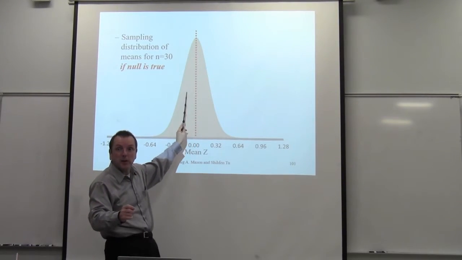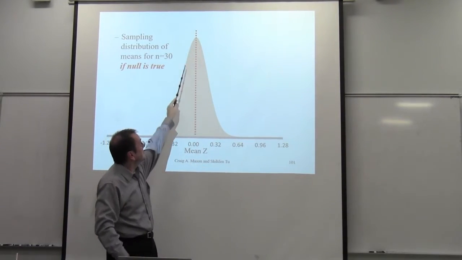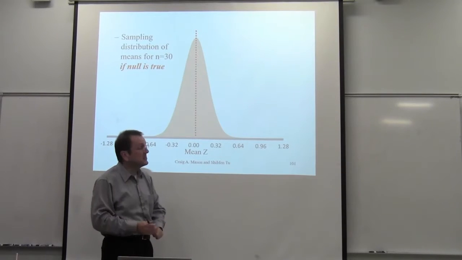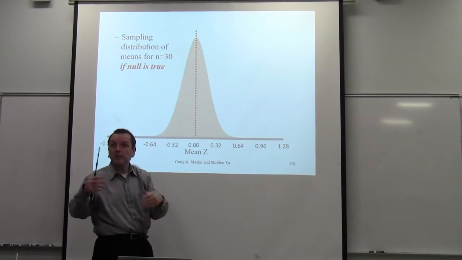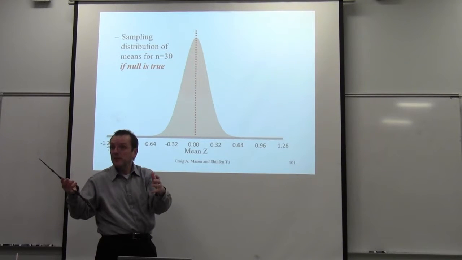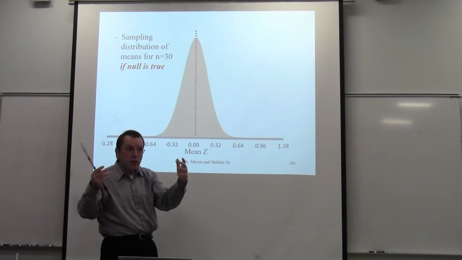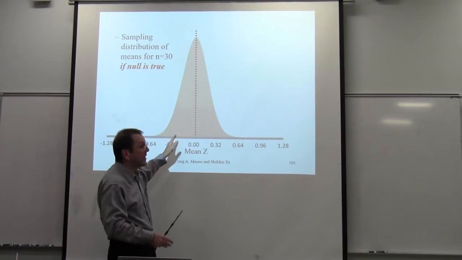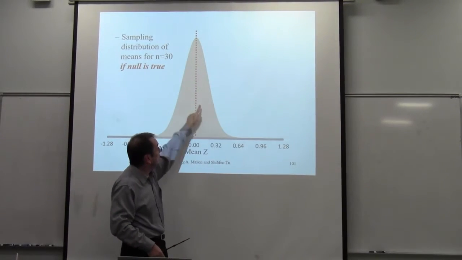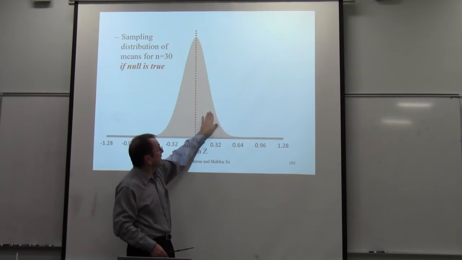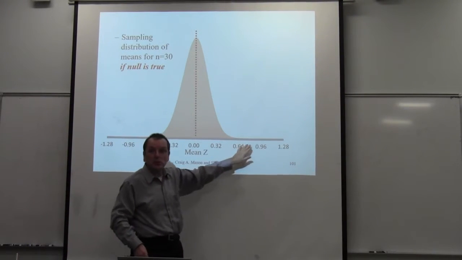It'll be a little above, a little below. And the sampling distribution of the means, that's what this is. It's just like if we sampled an infinite number of samples of 30 kids, calculated the average for each of those samples and plotted those, this is what it would look like. And again, here's the average for their test scores.